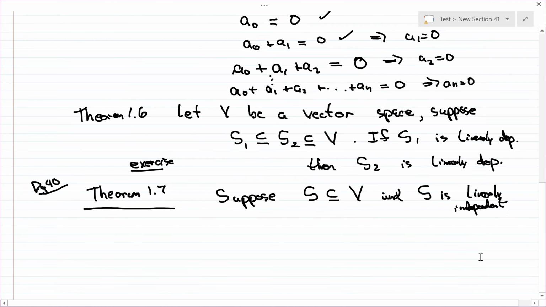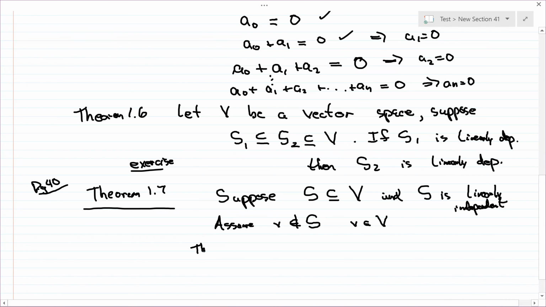Then what's the conclusion? Suppose S is a linearly independent subset of the vector space, and suppose little v is not in S. So also assume that you've got a vector little v, which is an element of V, but it's not in S. Okay, so that's the assumptions.